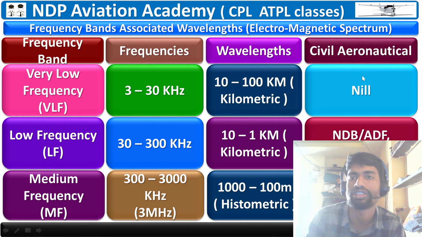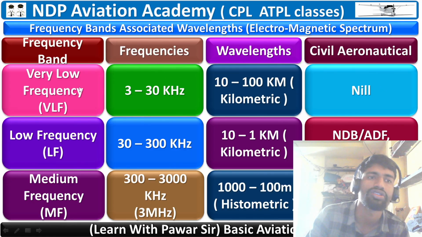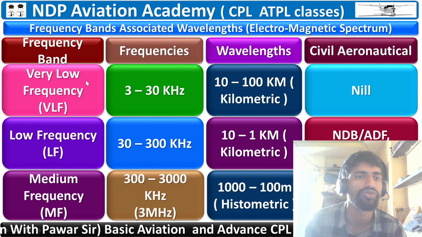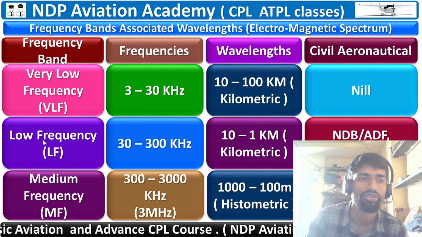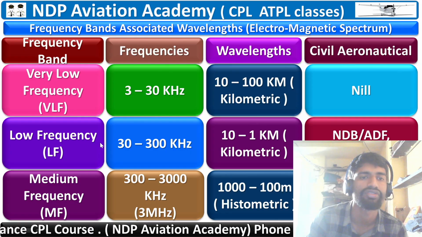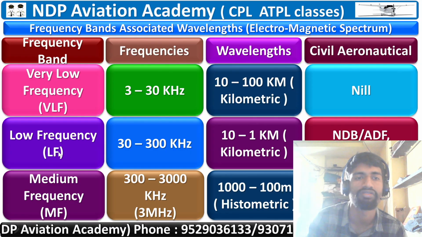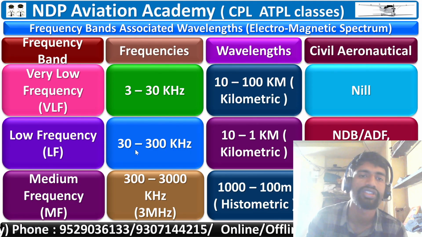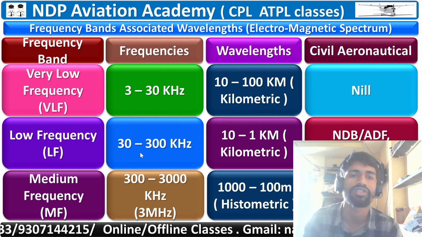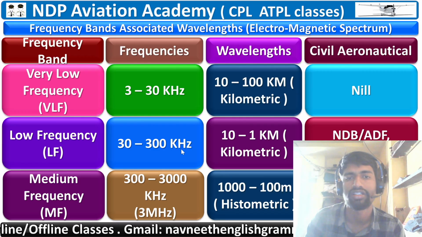Civil aviation does not use this frequency, because it is a very low frequency. Now comes the second band, low frequency, LF in short, with frequency from 30 kilohertz to 300 kilohertz.